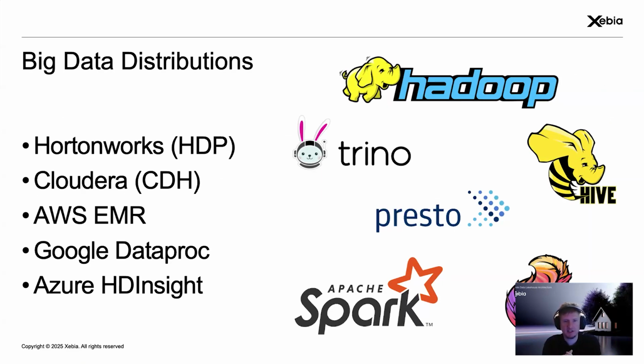And later on, their cloud alternatives appeared, such as AWS EMR, Dataproc, and Azure HDInsight. The first two, AWS EMR and Google Dataproc, are created by the cloud providers, by Amazon and by Google. The last one, Azure HDInsight, is a managed distribution of Hortonworks Data Platform.